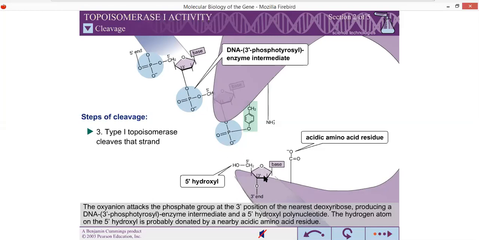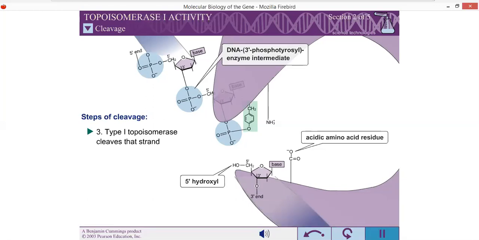Once it has been broken down, intermediates are produced. The hydrogen atom on the 5' hydroxyl group is probably donated by a nearby acidic amino acid. An acidic amino acid at the nearby cleft at the active site donates a proton and forms the 5' hydroxyl group. Now this is the 5' hydroxyl group that is being produced.